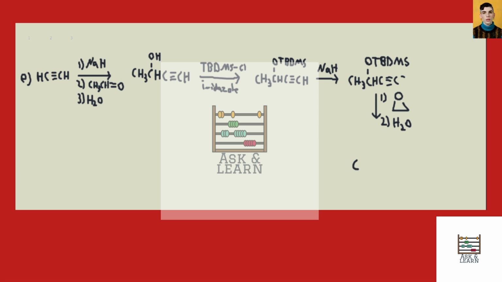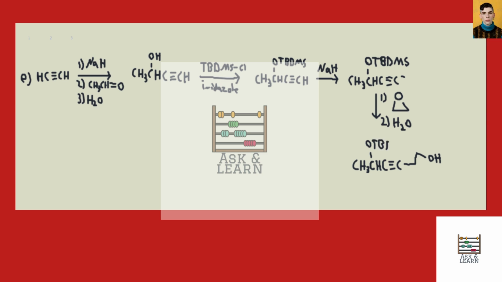Now we've added these 2 carbons, and we have our alcohol, and we still have the protected alcohol up here. The very last thing that we need to do in order to get to our final product is the deprotection of the TBDMS group.